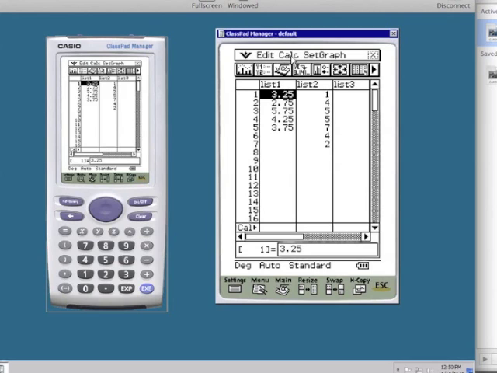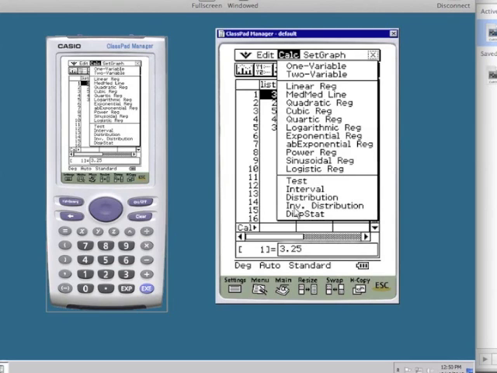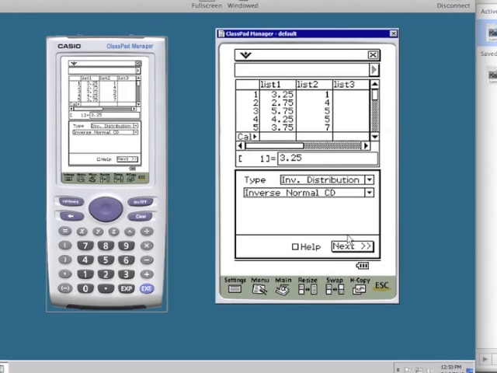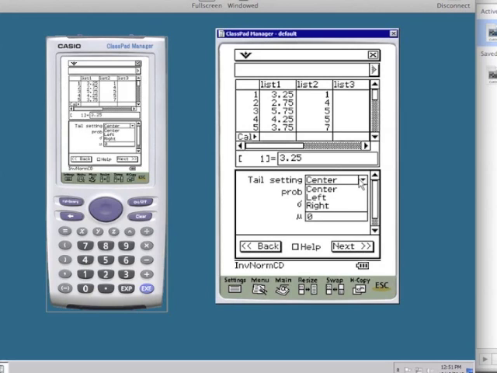Back into statistics, calculate an inverse distribution. Normal CD again. We're looking for the middle 60%, so that's a centre tail. Probability 0.6, standard deviation is 16, and the mean is 100.